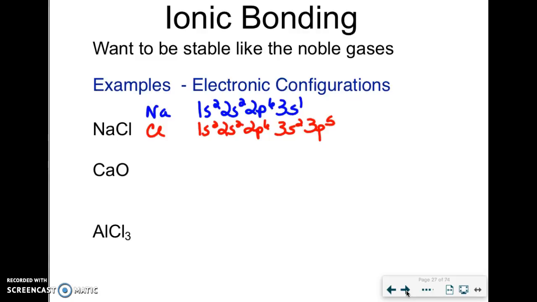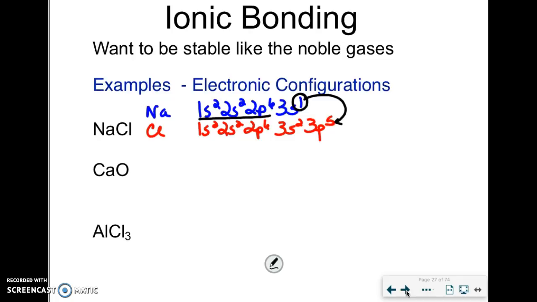Now, if sodium was to transfer this 1 electron to chlorine, sodium then now has the electron configuration like a noble gas, and chlorine has the electron configuration of a noble gas. And that's all you have to show for ionic bonding with electron configurations. You write the electron configurations, and then you show an arrow that shows the transfer of 1 electron.